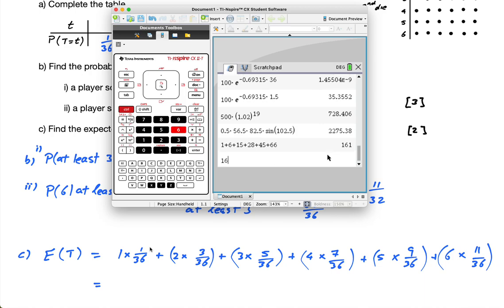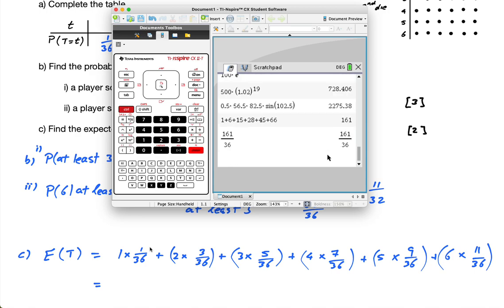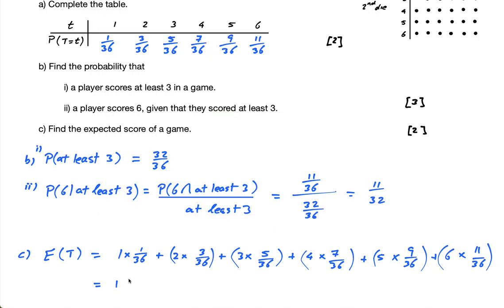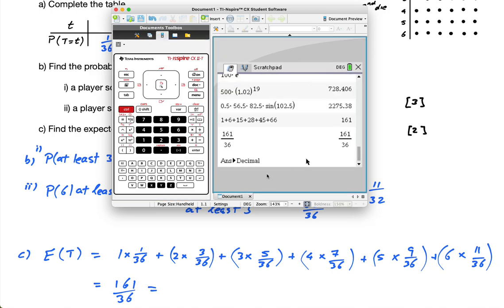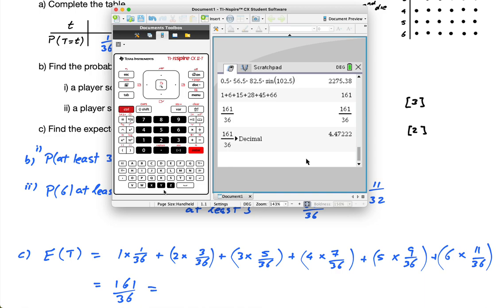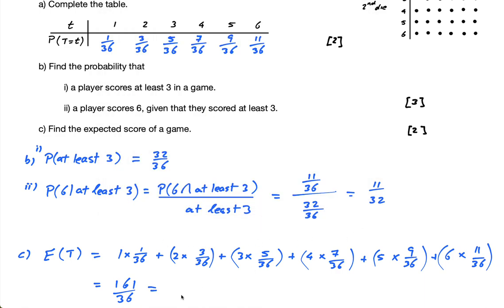So it's 161 over 36. That's fine, to be honest. If for any reason you prefer to give it as a decimal, you can just do that, and you get 4.47222.